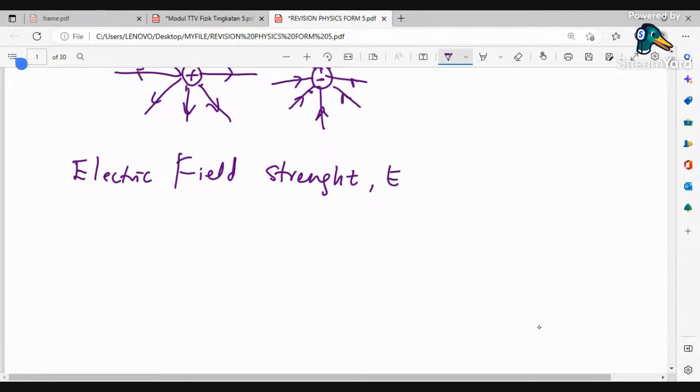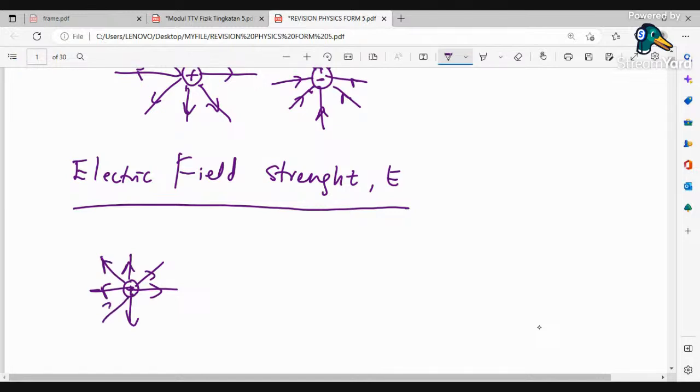Symbol also E, don't get confused with electrical energy. For a charged particle, the strength of electric field around the charge, apa formula kita nak gunakan? Strength equals to electrical force divided by quantity of charge Q. So you will get the unit will be in Newton Coulomb -1.